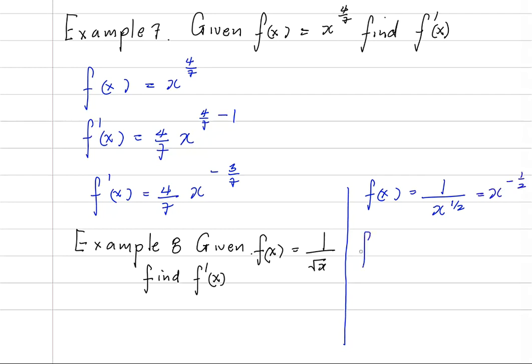Now, f prime of x, when you differentiate a function of this form, the power comes to the front. So we have minus a half x to the minus a half minus 1. Now, minus a half minus 1 is minus 3 over 2, or minus 1.5. So this is minus a half x to the minus 3 over 2.